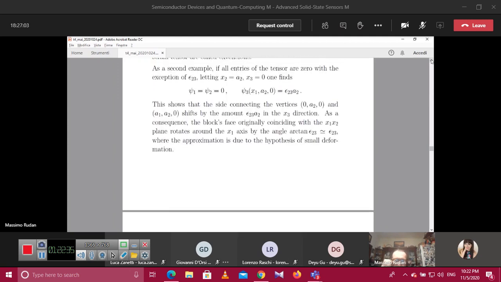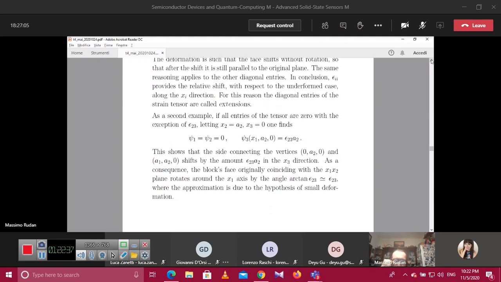So this explains also what the meaning is of the non-diagonal elements of the strain tensor. They provide the rotation angles that appear under this type of force applied to the material.